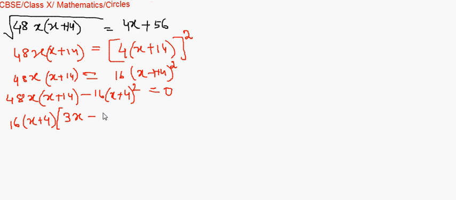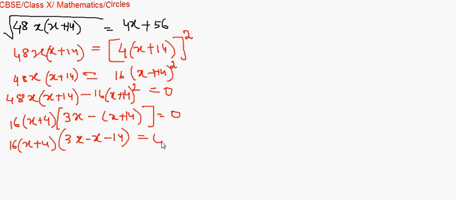Minus x plus 14, I'm sorry, this was all 14. Yeah, this was 14. This is left in the second term. Now when I remove the bracket there, I'm getting 3x minus x minus 14, that equals 0.